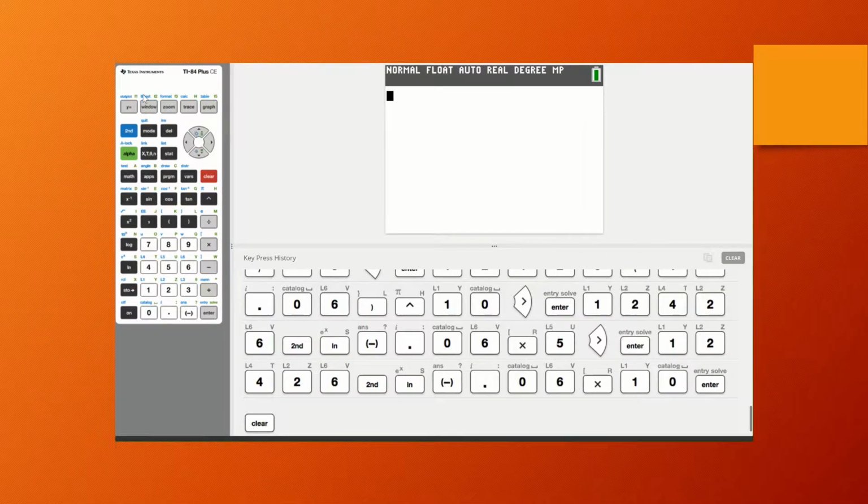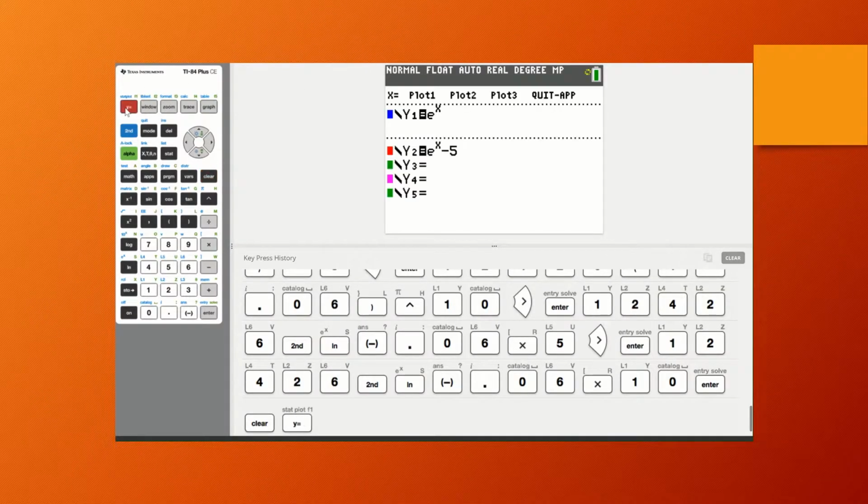All right, so I'm over here on my calculator, and I'm going to go to y equals. Let me clear out what I've used here previously.